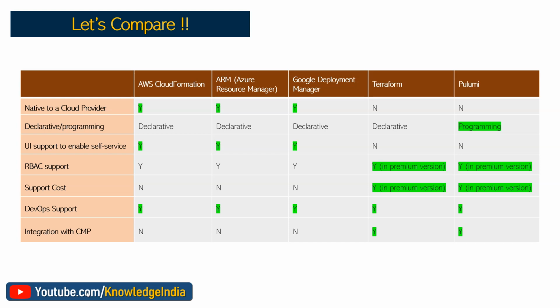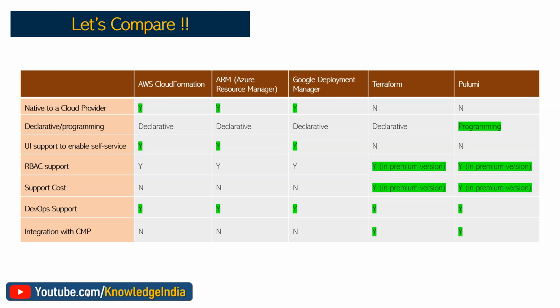And no doubt in saying this, that Terraform did some of the good things quite early in this space. For example, drift detection was available in Terraform many years back. Whereas in CloudFormation, of course, it is available now, but it came a bit late.